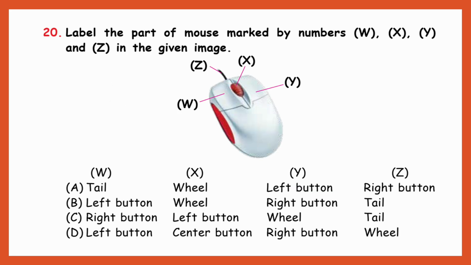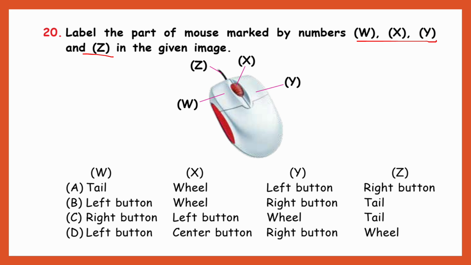Then, next. Label the parts of mouse marked by numbers W, X, Y and Z in the given image. So, a mouse is given and some parts are labeled as W, X, Y and Z. We have to identify the parts. What is W? W is left button. Okay, left button. Then, what is X?